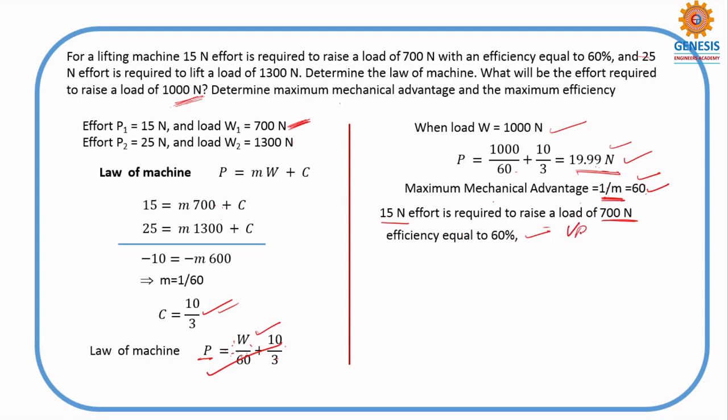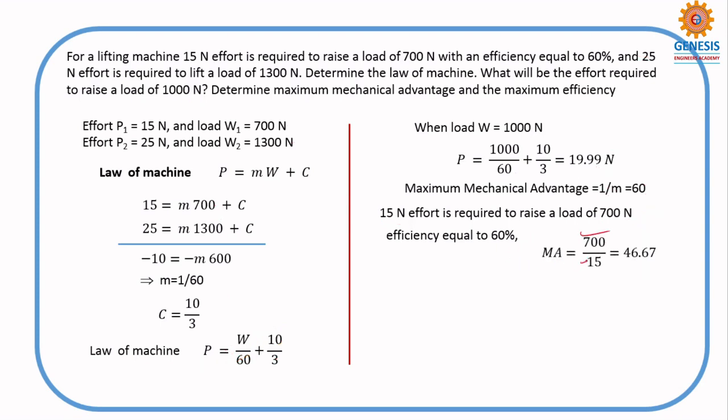From this you have to get the velocity ratio, the VR value. The mechanical advantage is equal to load by effort, that is 700 by 15, and the efficiency is mechanical advantage divided by velocity ratio. So the velocity ratio is equal to 700 by 15, sorry, it is 15, not 50, and you are getting the same value.